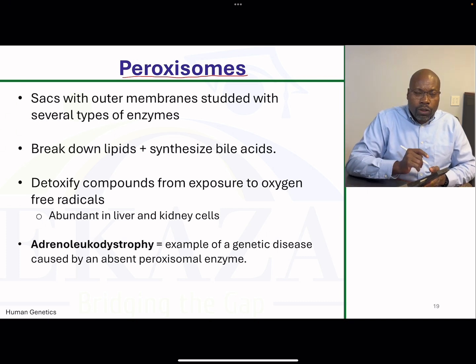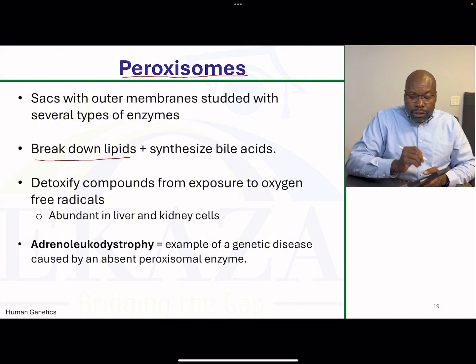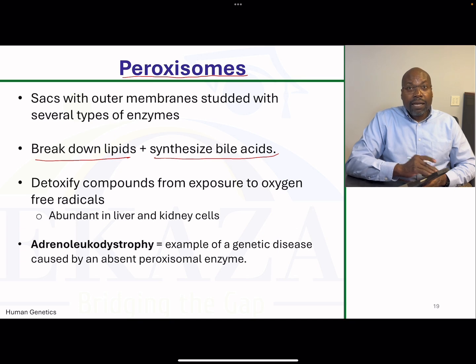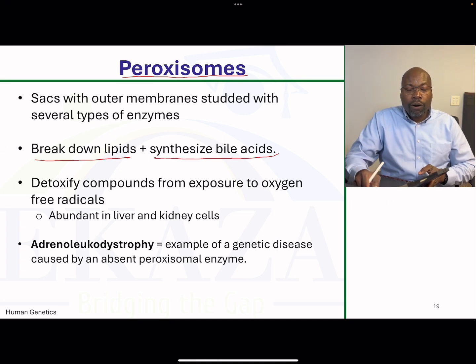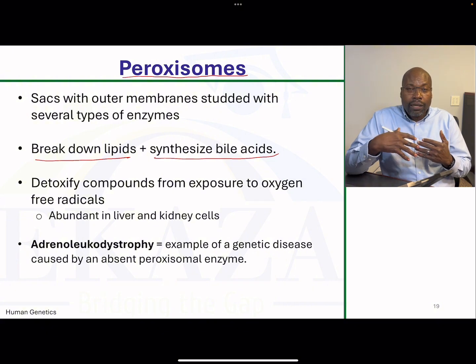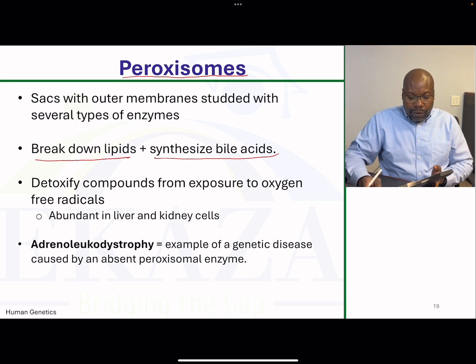Most of them are geared toward breaking down lipids, and some of them are geared toward synthesizing the bile acids that are essential for the formation of bile salts. And the bile salts are necessary for the digestion of lipids, right?